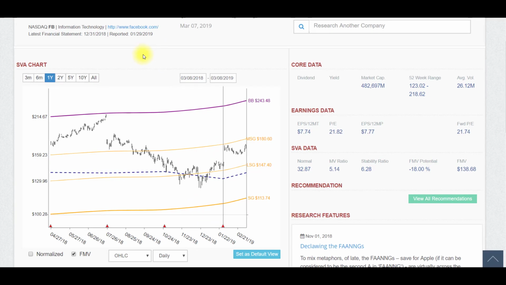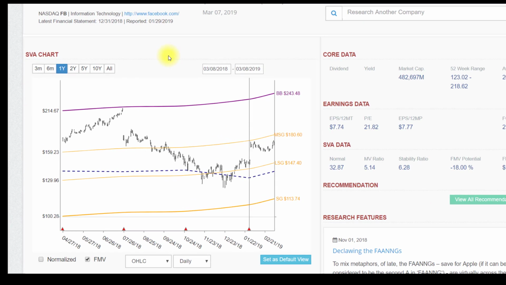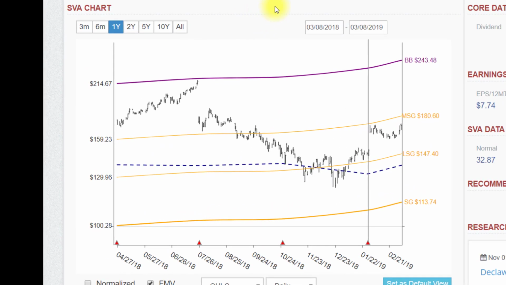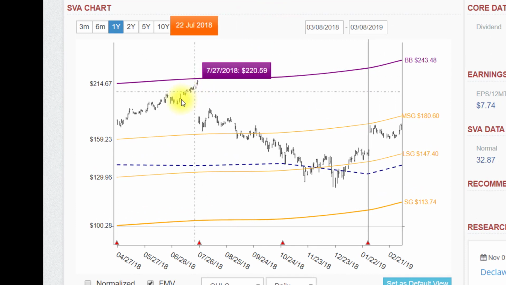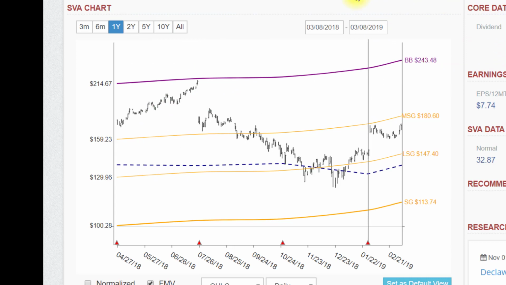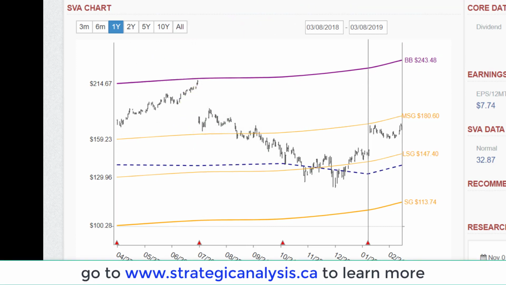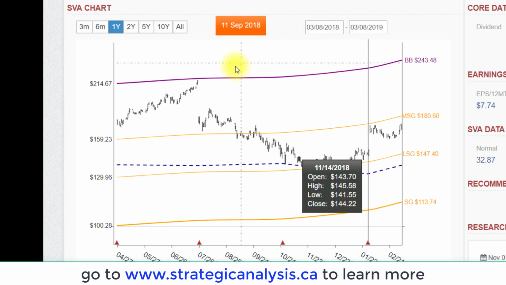Okay, let's take a look at Facebook now. I'm going to show this stock up close and personal, and what you see is quite interesting. Here the stock peaked precisely at what we call its bubble price. That's 7.4 times book value. And this was the crash when all that bad news was announced. The stock dropped there.